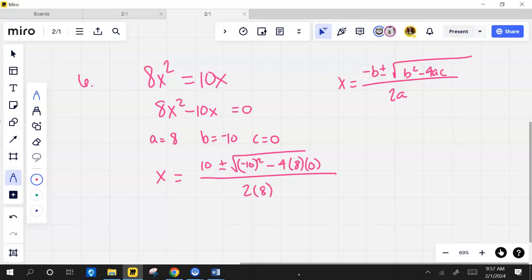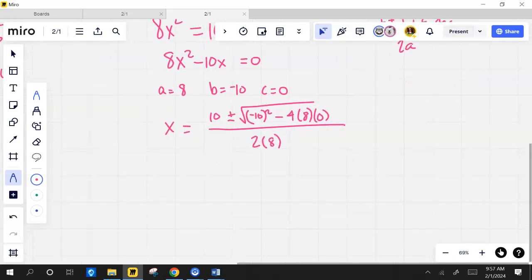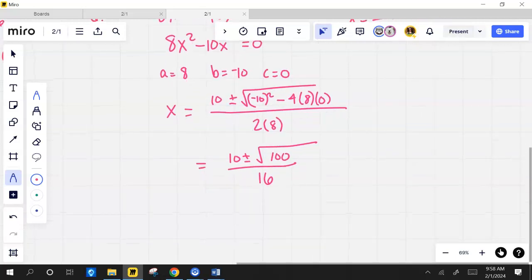I'm going to work under that radical first. Negative 10 squared is what? 100. Oh, I picked another perfect square. Great day. 10 plus or minus 10 over 16.